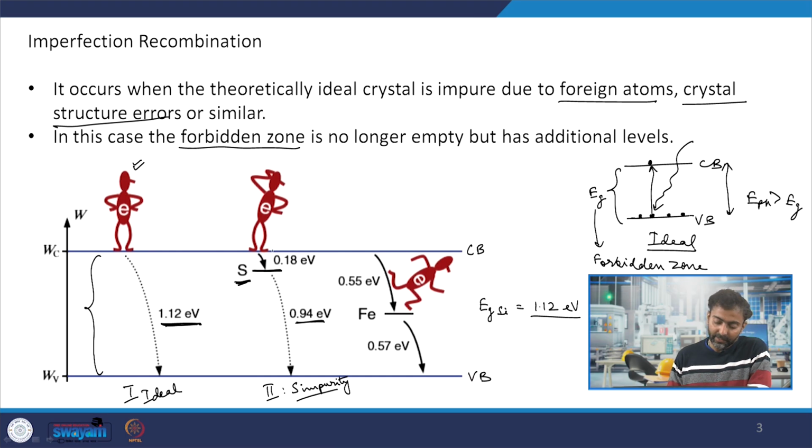So if it sees a possibility of going down, there is a sulfur step available in between. The schematic shows that the electron is thinking, because this 0.18 electron volt it can easily jump, but after that there is a huge jump of 0.94 electron volt which might not be very feasible for the electron to make. So it's still in doubt, but there is a possibility.